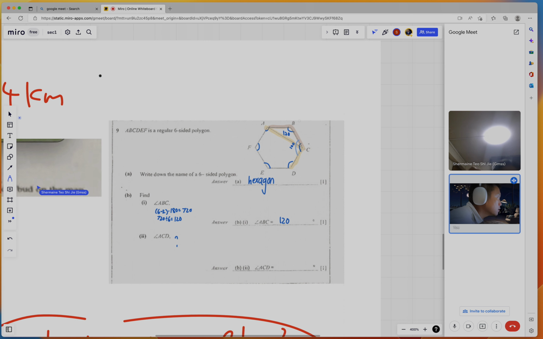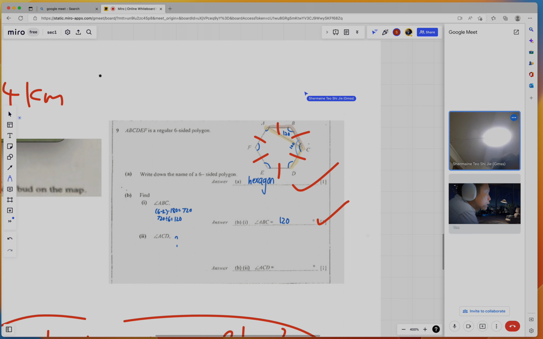Okay, this one. How many sides is this? 1, 2, 3, 4, 5, 6. Hexagon, correct. You don't spell wrongly. So over here, how do you find it? 6 minus 2 and then you divide by 6. Very good. ACD, where's ACD? Can you label ACD for me to see? You never even label ACD. Or did you label ACD? Can you use a different color?